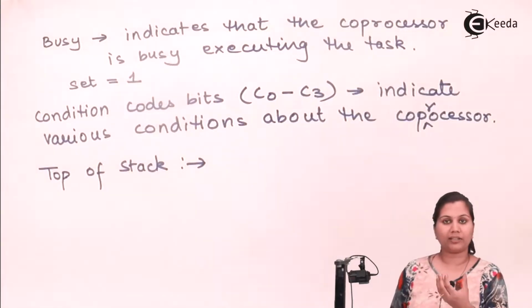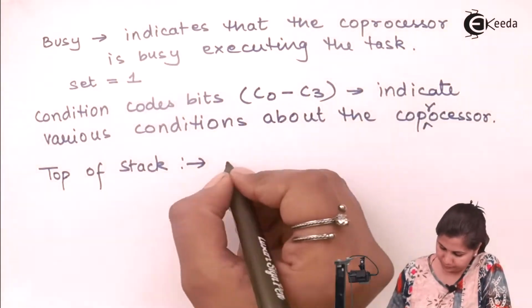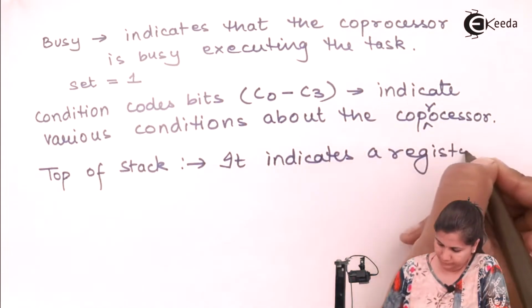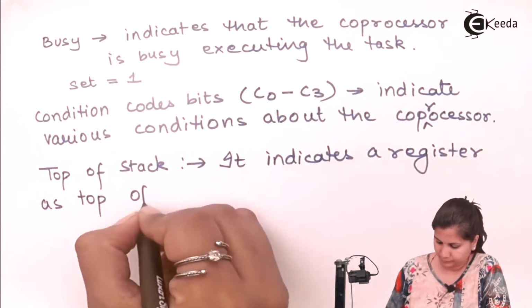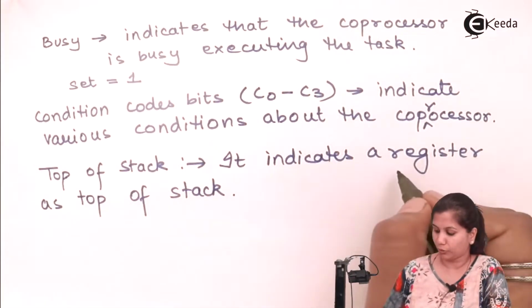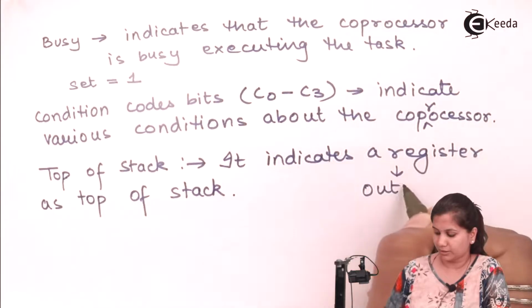It holds the address of which register is the starting register, from where the stack begins. There are 8 registers in the stack, so out of the 8 registers, which register is the starting register? It indicates a register as the top of stack out of the 8 registers.